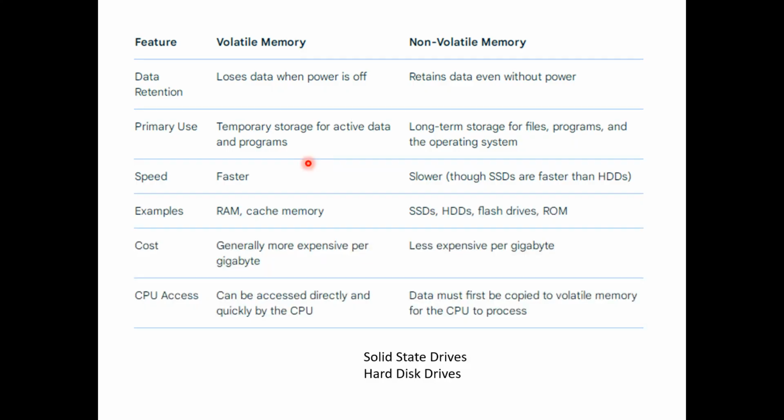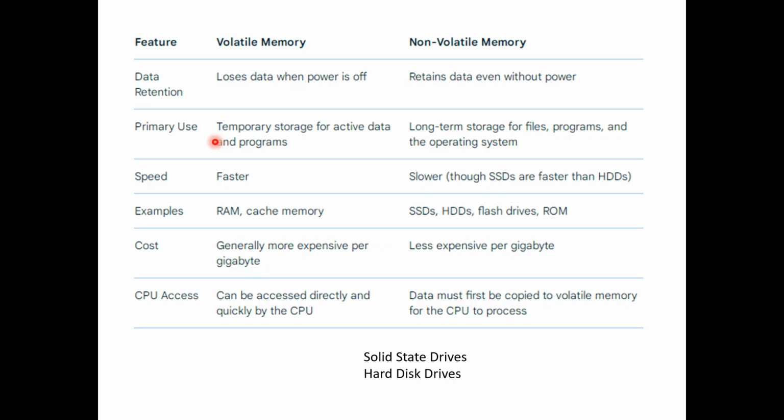And now, what is the difference between volatile memory and non-volatile memory? First one is data retention. Volatile memory loses data when power is switched off, but non-volatile memory retains data even without power. So once the power is off, we lose our data in volatile memory. But in non-volatile memory, even when the power is switched off, the data will not be lost.